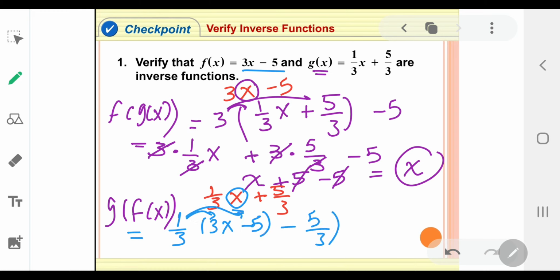Again, use the distributive property. 1/3 times 3x is x. 1/3 times negative 5 is minus 5 over 3, plus 5 over 3. Those will be cancelled and you're left with x. Since both of them are equal to x, then yes, they are inverse functions.